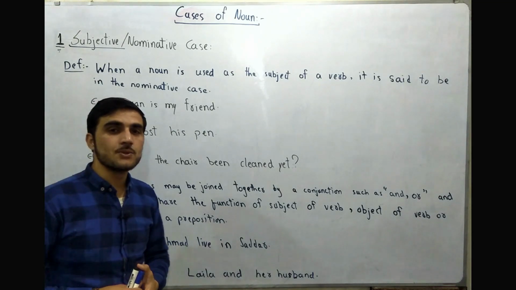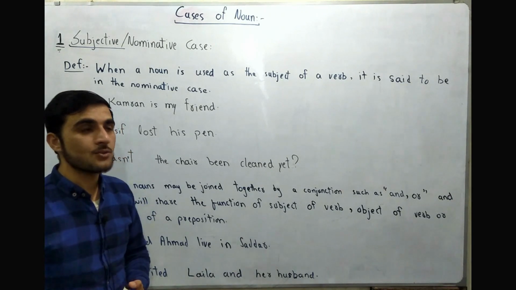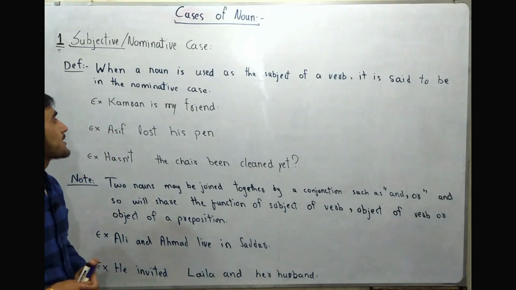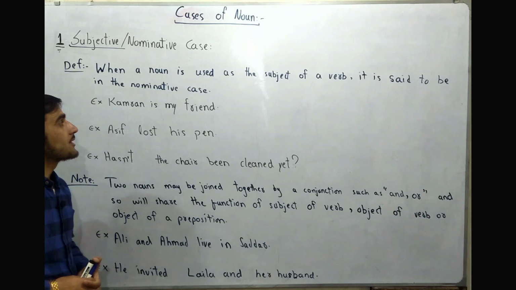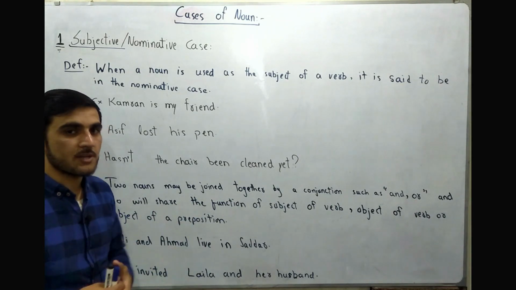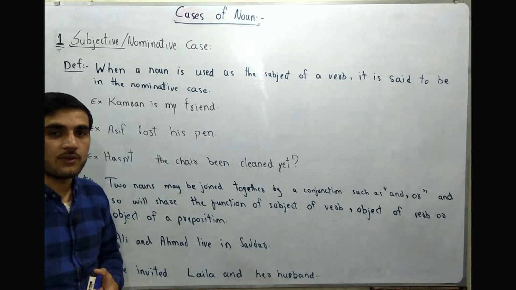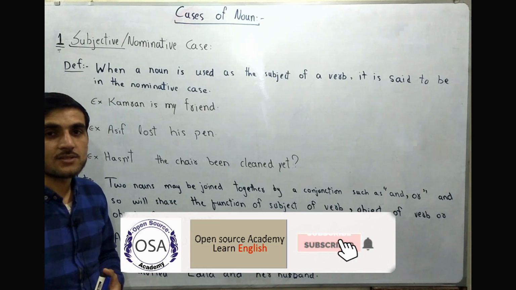When a noun is used as the subject of a verb, it is said to be in the nominative case. Especially in grammar we consider it as the subject of the verb, so we say that this is the nominative case.